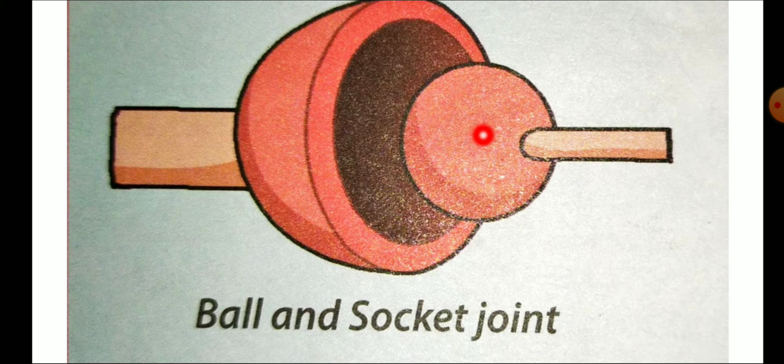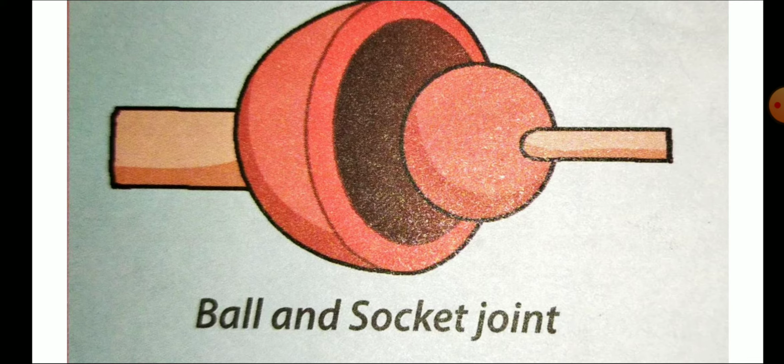As the ball is inserted into the socket, the ball can move freely and rotate freely. This kind of joint we call a ball and socket joint. They are the most movable joints of the body.